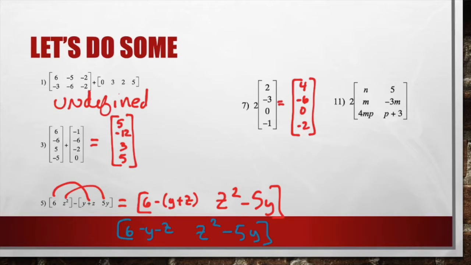Last, another scalar multiplication. Now we have some variables in there. We're going to have a 3 by 2. So I'm going to make sure I make my answer big enough here to fit it all. And we're going to just multiply that 2 to everything. I'll have 2n. We'll have 2m. We'll have 8mp.